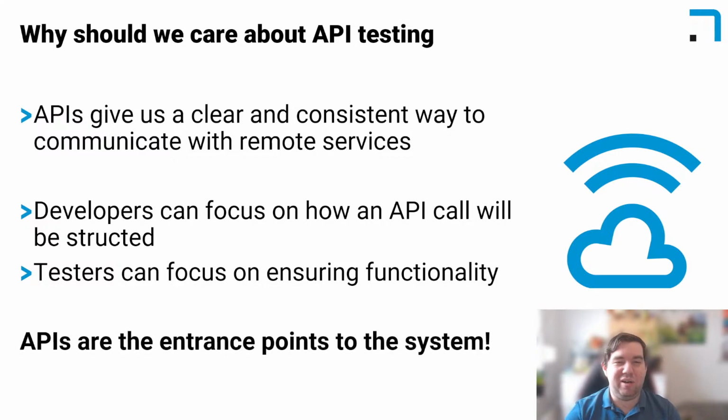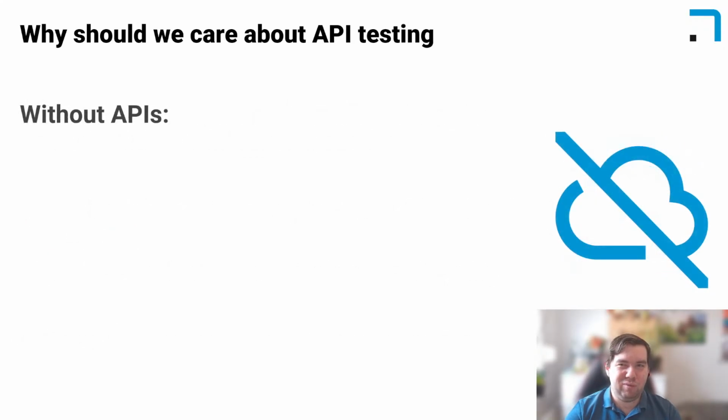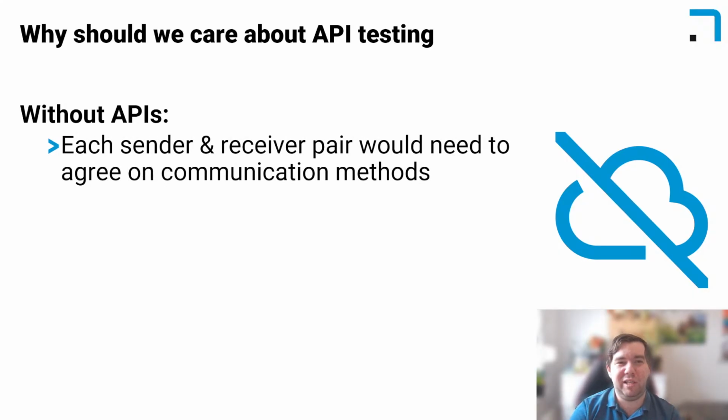And APIs are the entrance points to our system. Without the APIs, we would have difficulty actually communicating. Let's look at that further. If we didn't have APIs and ways of communicating between two remote systems in a fixed format, then we'd need to think about each sender and receiver pair agreeing on communication methods.